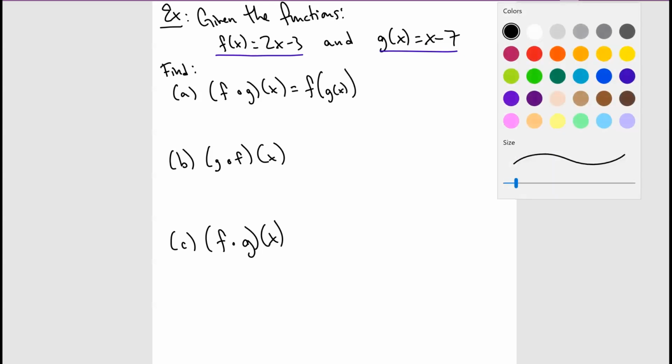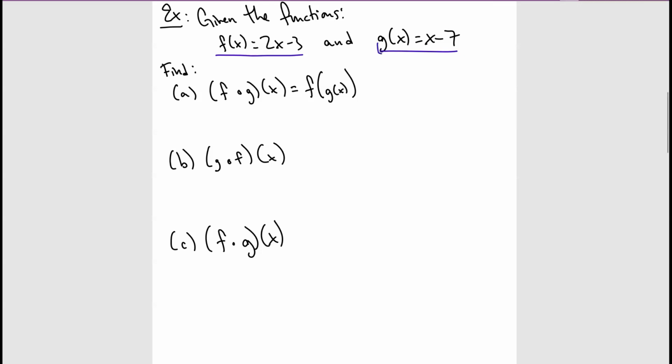In this case, I'm going to plug g of x inside the f of x. So I'm going to have f of what exactly am I plugging in there? Plugging in g of x, and g of x is equal to x minus 7.